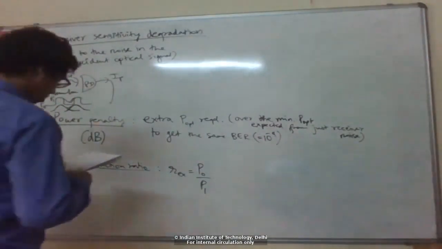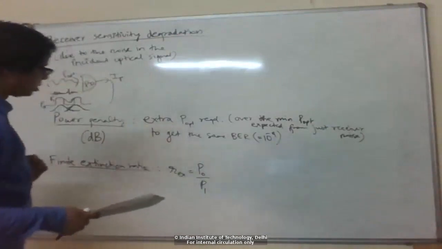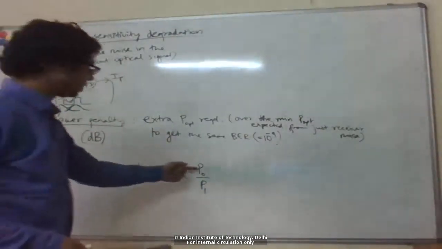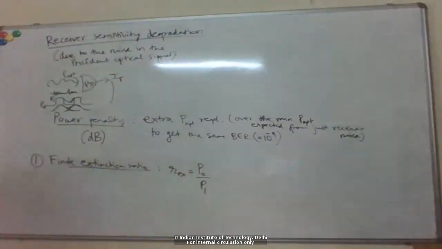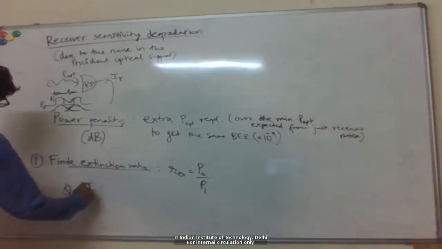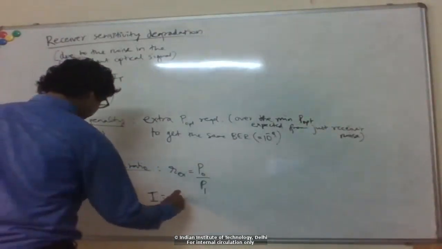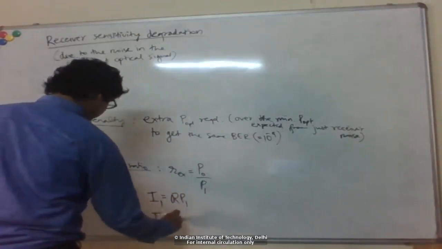So you can imagine that as this extinction ratio increases, my power penalty becomes worse. I need more and more power, because now the distinction between bit 1 and bit 0 is decreasing. So again, if you look at this factor of Q, I1 is responsivity times power in bit 1, and I0 is responsivity times power in bit 0.